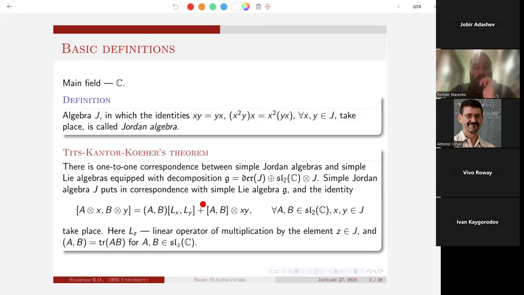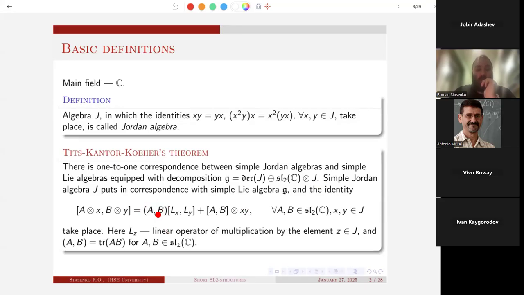And you add to this the commutator of the two elements from the algebra SL2 multiplied by the product of x and y, the product as in the Jordan algebra. So L_z here is the linear operator of multiplication.